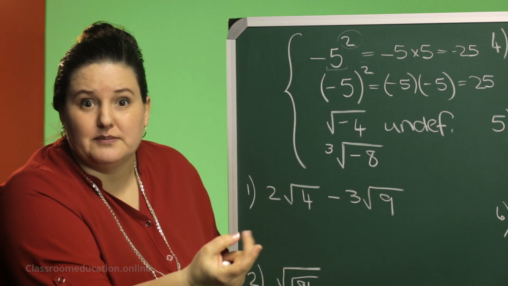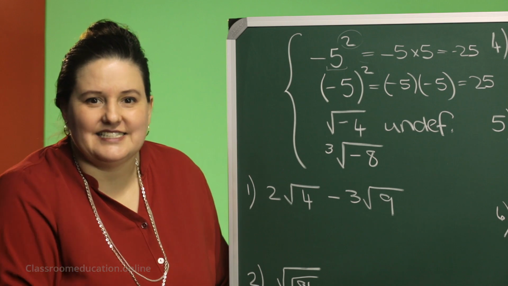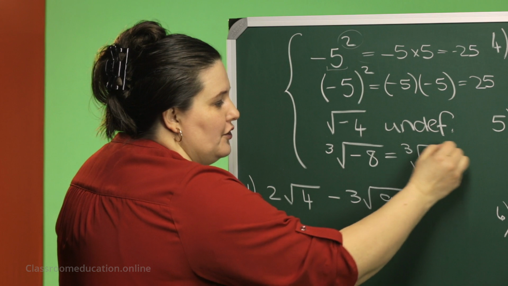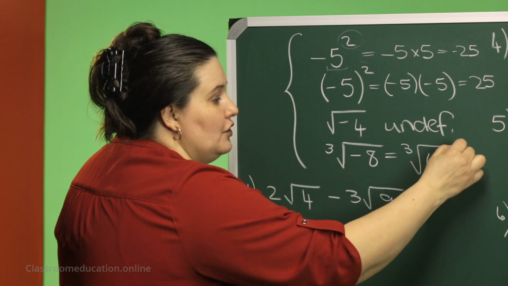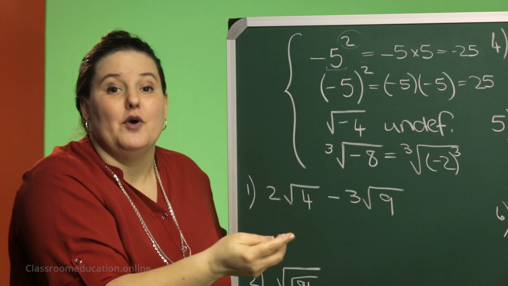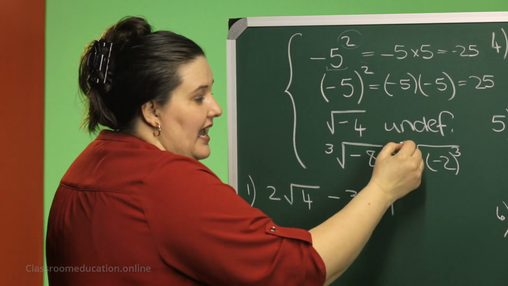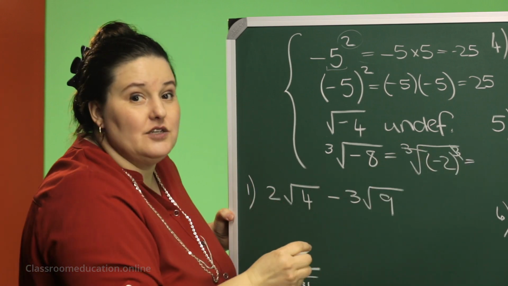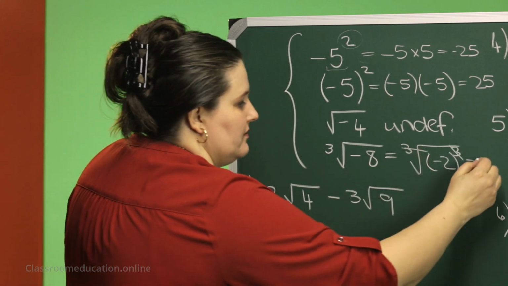And a positive times a negative, it's a negative. So I can actually write this as the cube root of -2 cubed. And then the cube root and the cube will cancel each other out as they are opposite operations. So my answer will be -2.